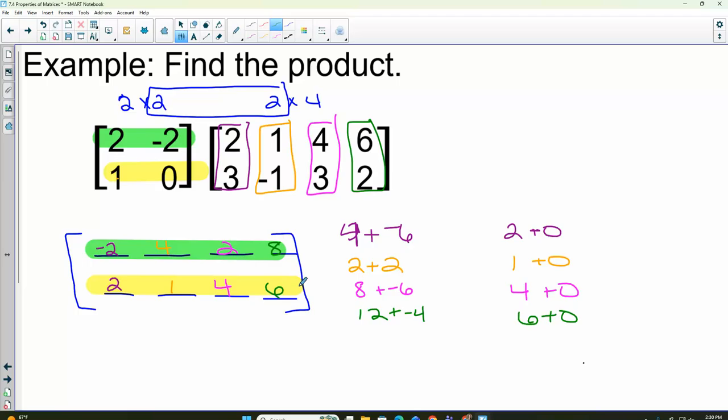How are we doing with that one? Okay. Final example then.